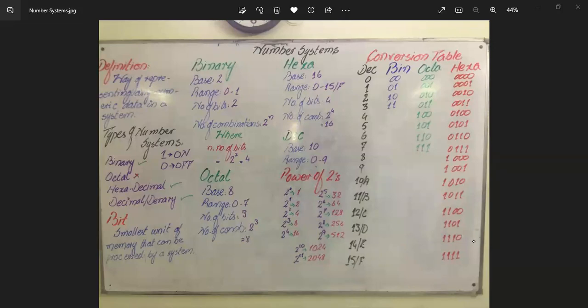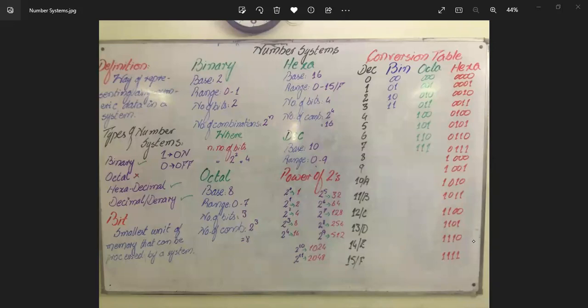Octal. Octal is base 8. Range is from 0 till 7.